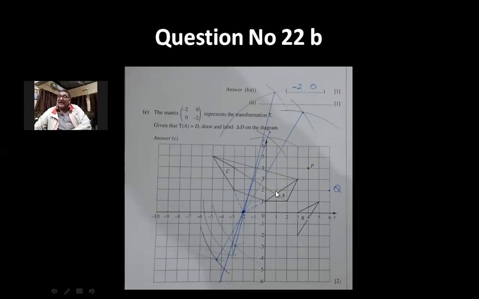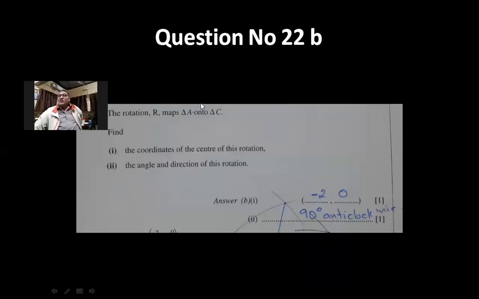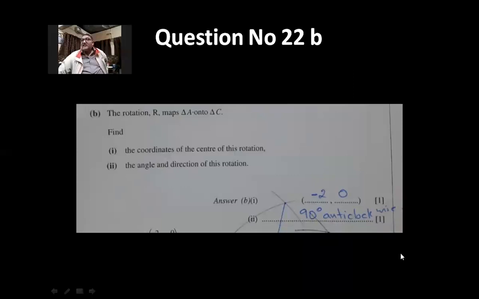So it means that A has rotated 90 degrees anti-clockwise about -2, 0. So the center of rotation is -2, 0, and the angle of rotation is 90 degrees anti-clockwise. So this is how this is done. You can see that here. The center of rotation is -2, 0 and 90 degree anti-clockwise rotation.